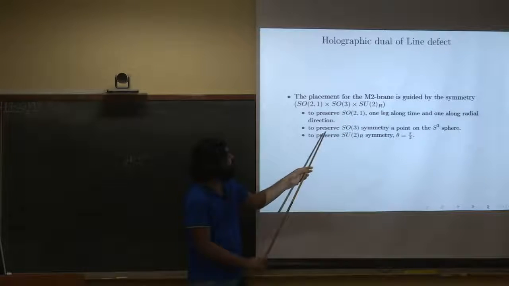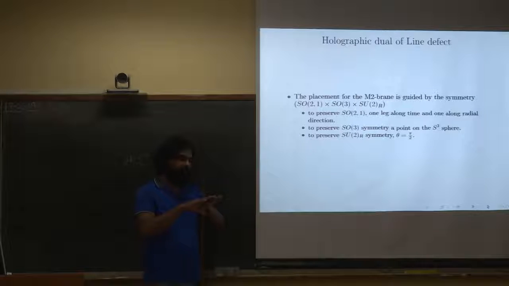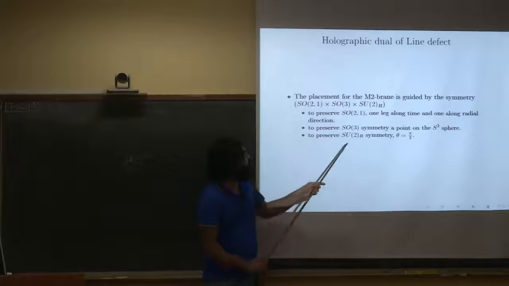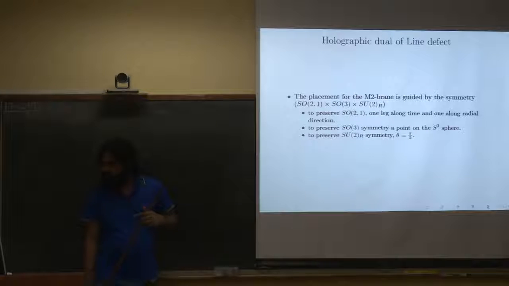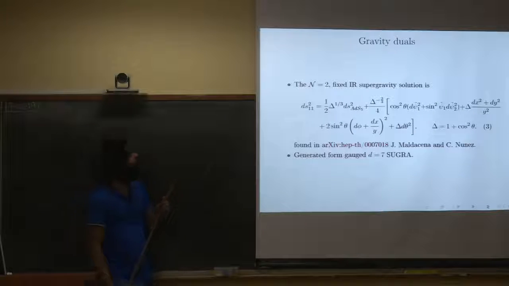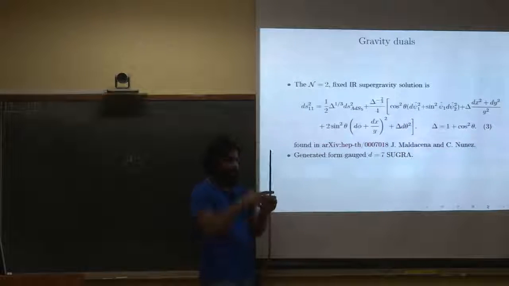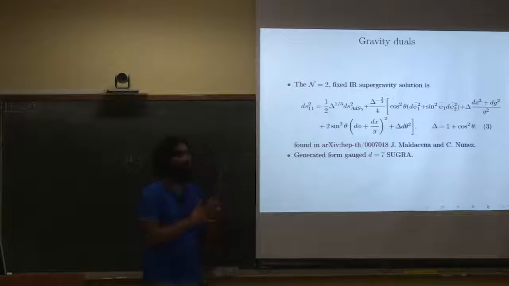To preserve the SO3 symmetry, we arrange the M2 brane at a point of the S3 in AdS5. And to preserve the SU2R symmetry, we place the brane at theta equals pi by 2, where this sphere shrinks to a point. In that way, this placement doesn't break the SU2R symmetry, which was supposed to be preserved.